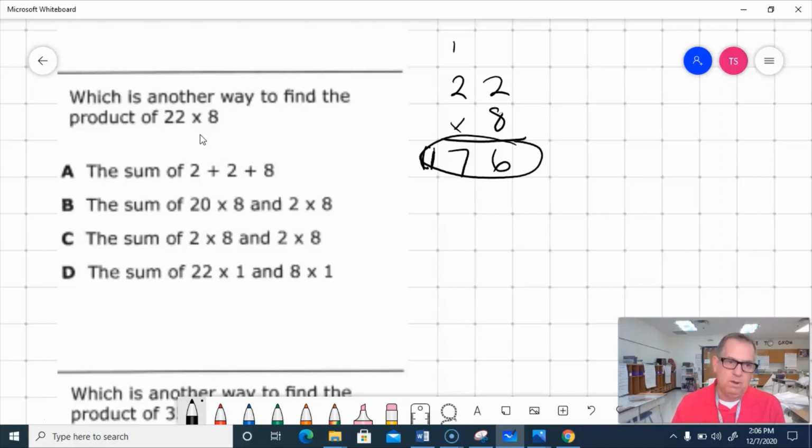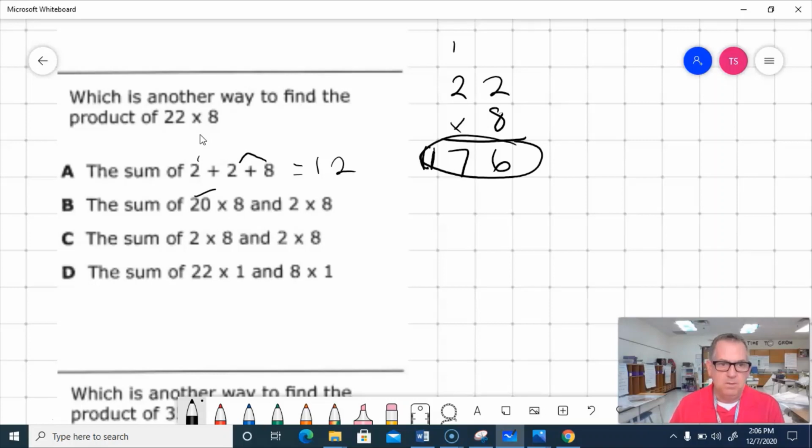So answer choice A, what is the sum of 2 plus 2 plus 8? Okay, that's right. 8 plus 2 is 10, plus another 2 would be 12. Next answer choice, the sum of 20 times 8 and 2 times 8. Okay, let's check it out.